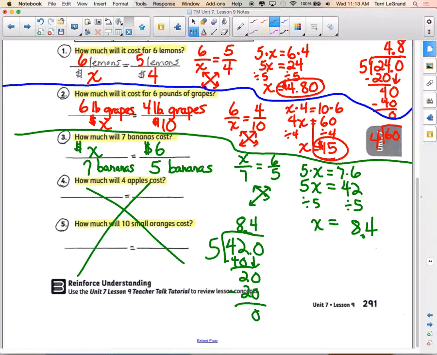So we put a dollar sign in front of it, and there isn't really such a thing as $8.4. What do we call it? $8.40. So we stick that 0 on there and say for those 7 bananas, you're going to pay $8.40. Think you got this? Can you do it? Okay. Well, let's call it quits.